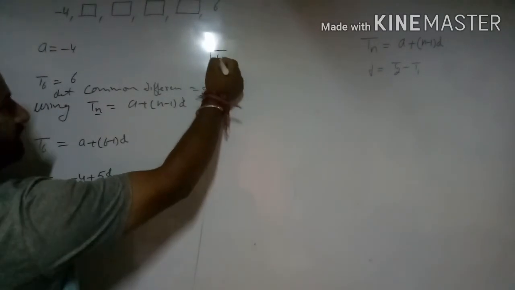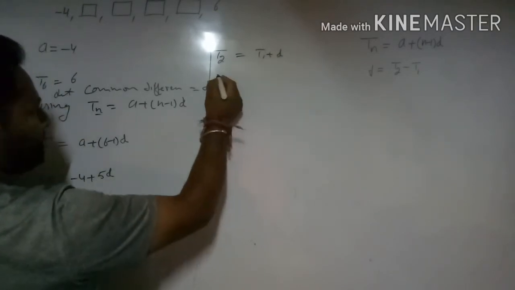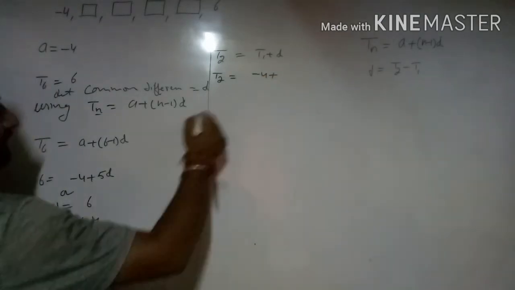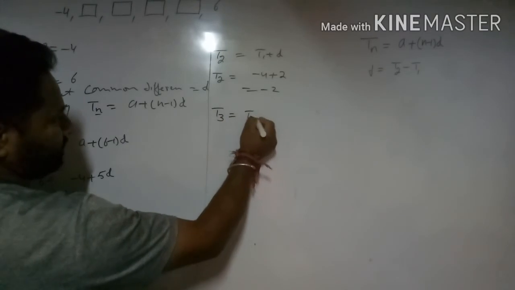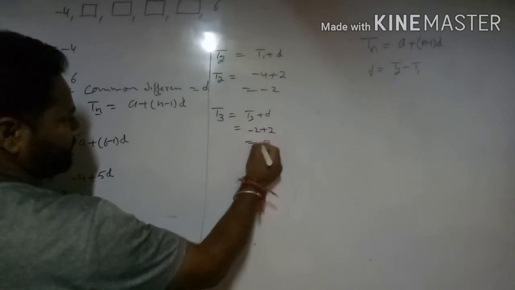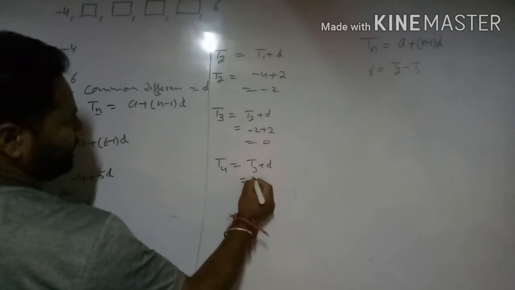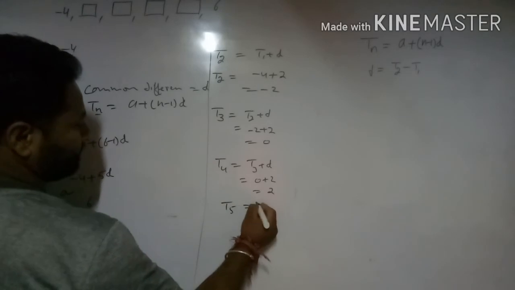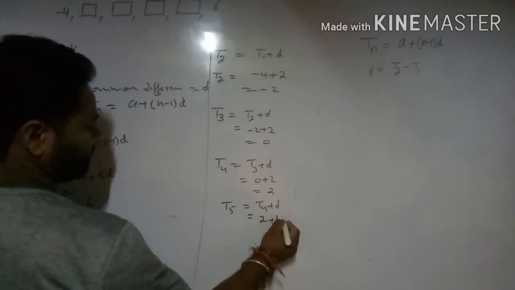Now T2 we find by using the formula T1 plus D. So T2 is minus 4 plus D. D is 2, so it is equal to minus 2. T3 is T2 plus D, that means minus 2 plus 2, which is 0. T4 is T3 plus D, 0 plus 2, that is 2, and T5 is T4 plus D, that is 2 plus 2, 4.